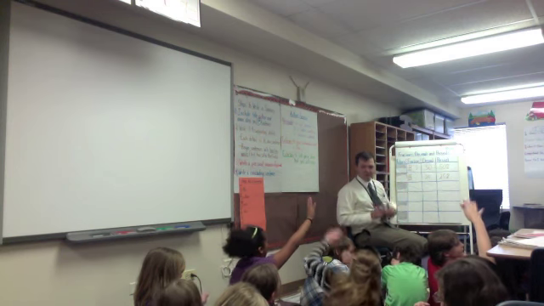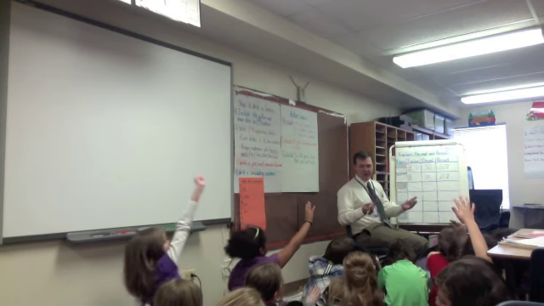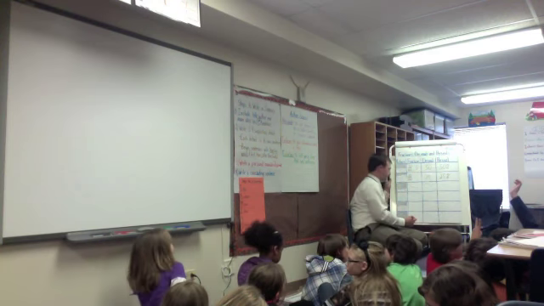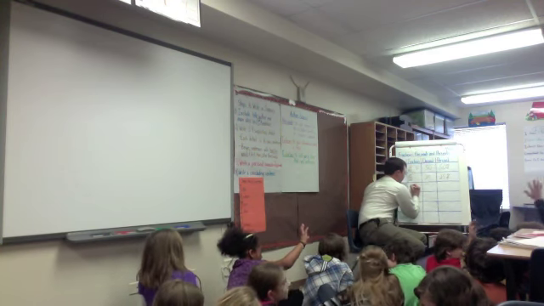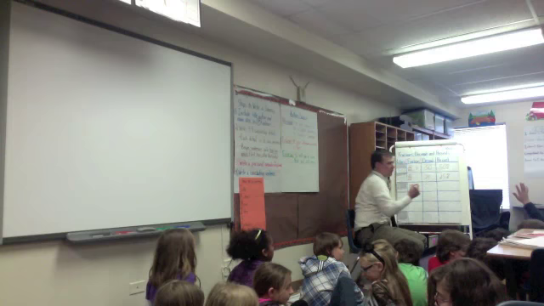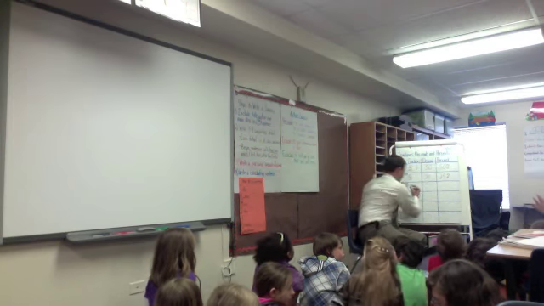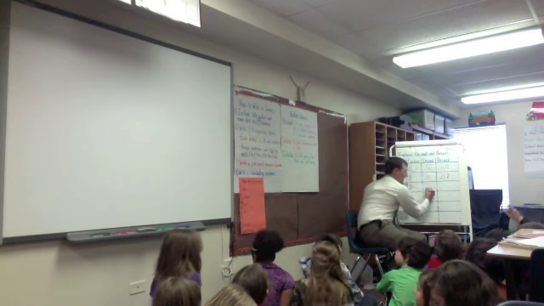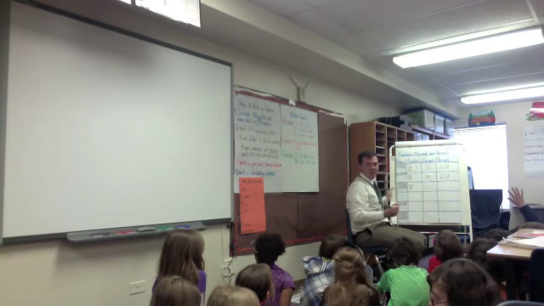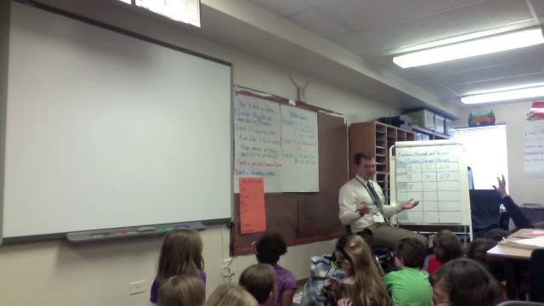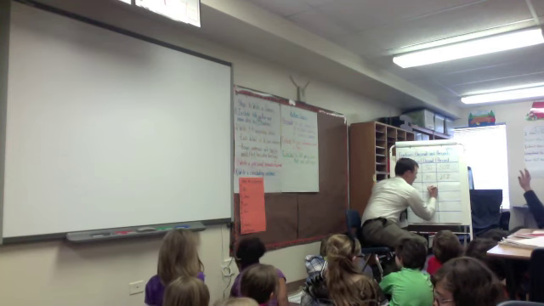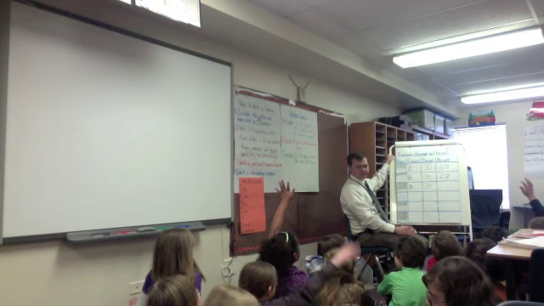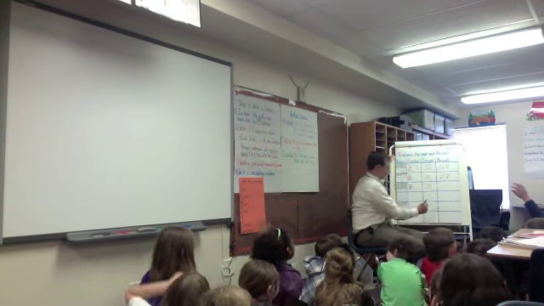Okay, so what fraction are we looking at here, Haley? 75 over 100, which we know, if we're going to say that correctly, we're going to say 75 hundredths. And when I say that, well, I just said the decimal, didn't I? What percentage would it be, Janessa? 75%.